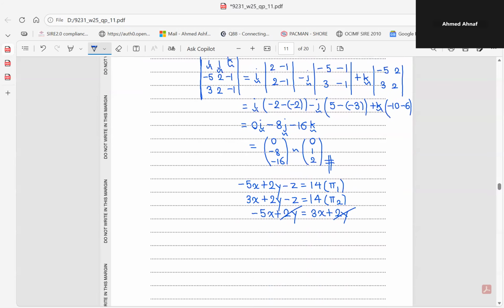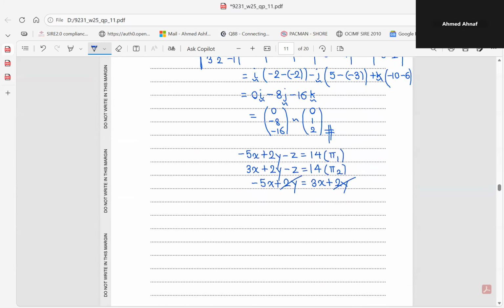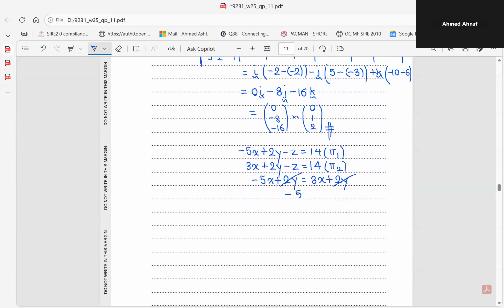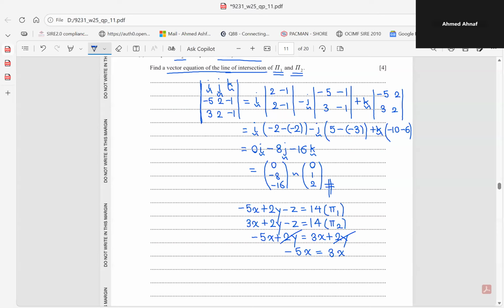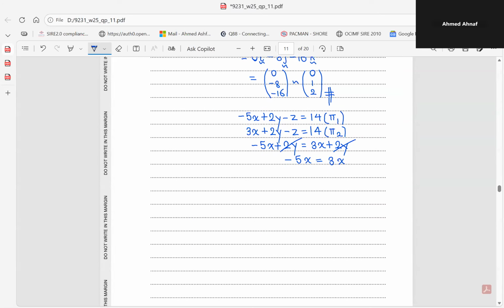Okay, so now we have minus 5x equals 3x. Since we ended up with this equation, the only value of x that makes this equation valid is x equals 0.